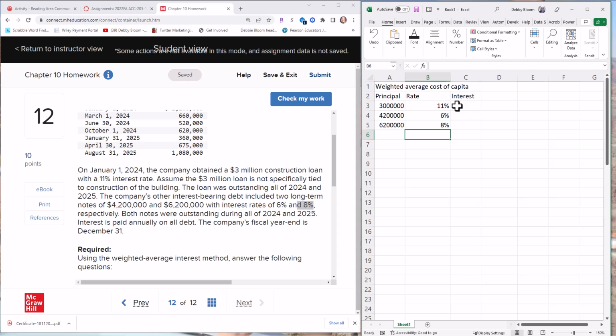So what I'm going to do is take each principal and multiply it by the rate, because in the problem all of these loans are outstanding all of 2024 and all of 2025. So I'm going to calculate the total principal and the total interest.